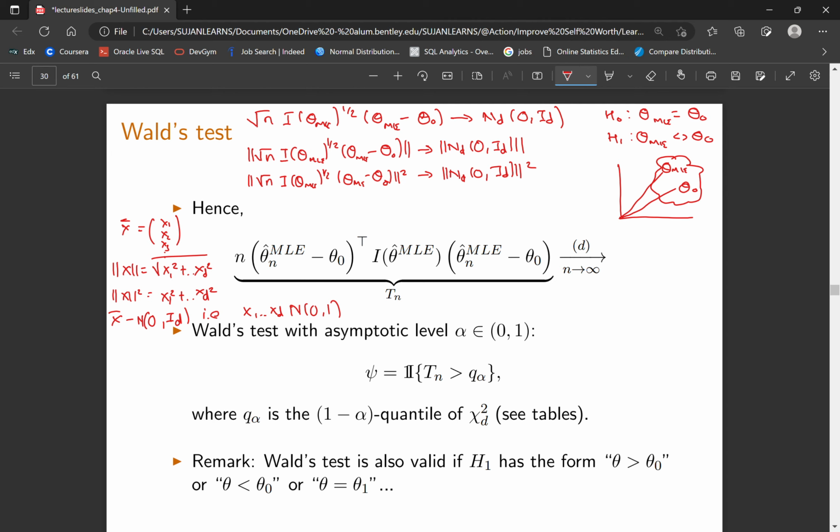Next thing we can do is say that since each individual is a standard normal Gaussian, then by definition this has a distribution of chi-square with degree of freedom d.